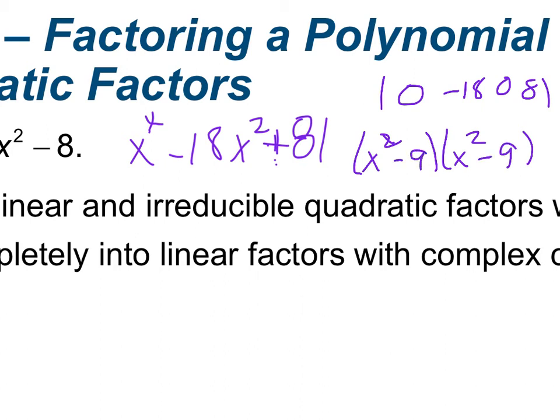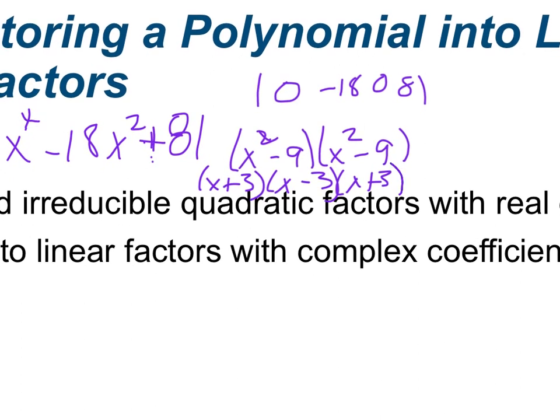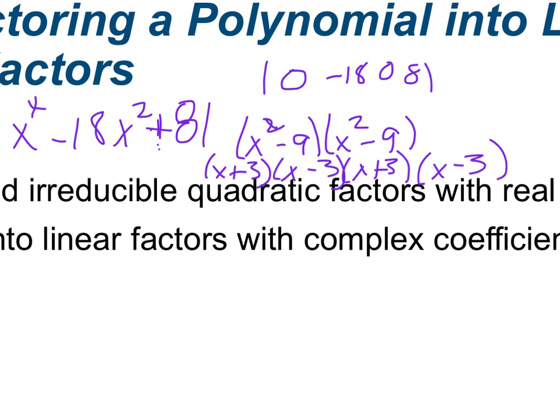And then can you factor that more? x plus 3, x minus 3, x plus 3, and x minus 3. You can write x plus 3 quantity squared, x minus 3 quantity squared. That's fine. Either way, you would have gotten the same answer.